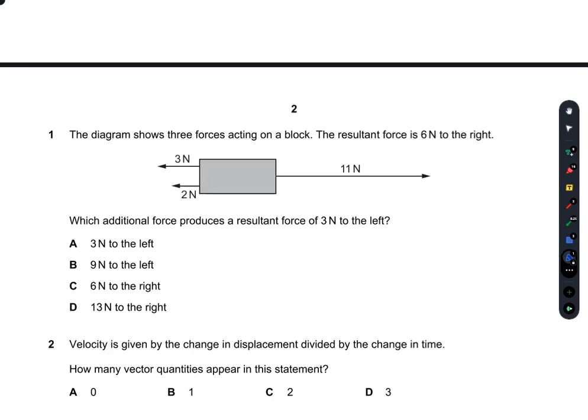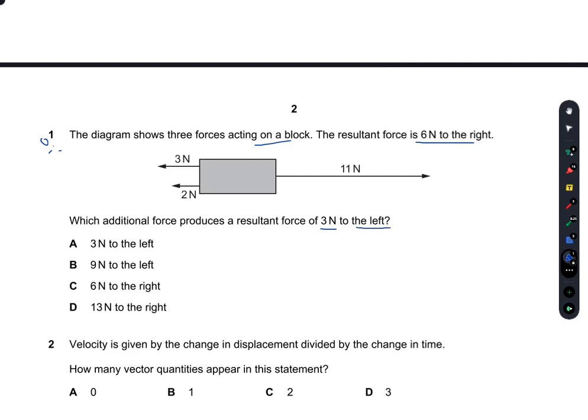Question number 1 is, the diagram shows three forces acting on a block. The resultant force is 6 newtons to the right. Which additional force produces a resultant force of 3 newtons to the left?